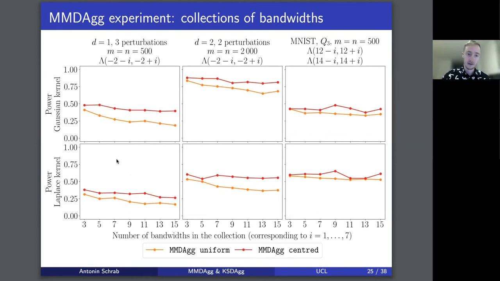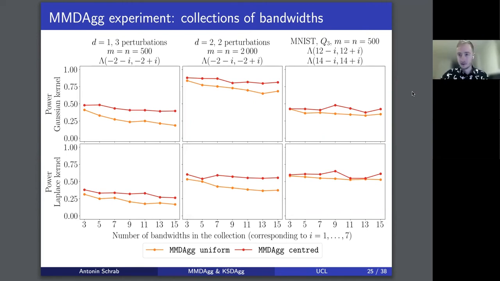And what we observe is that our power doesn't decrease that much as we increase the number of bandwidths in our collection. This is quite interesting, especially since in practice we don't really have prior knowledge about where the best bandwidth is located.